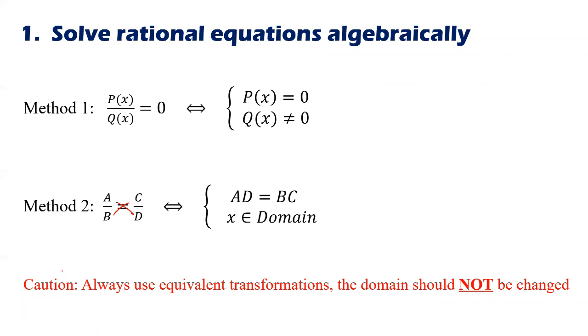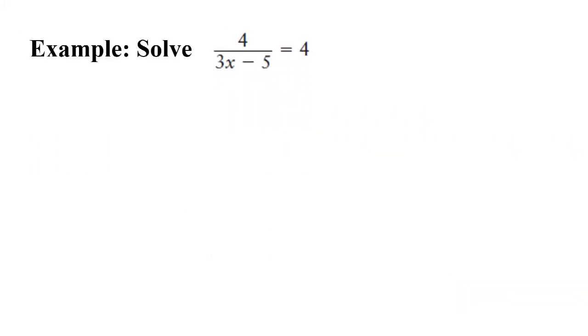Note that in either way, you need to ensure that you always use equivalent transformations. The domain should never be changed. Let's look at some examples to illustrate these methods.